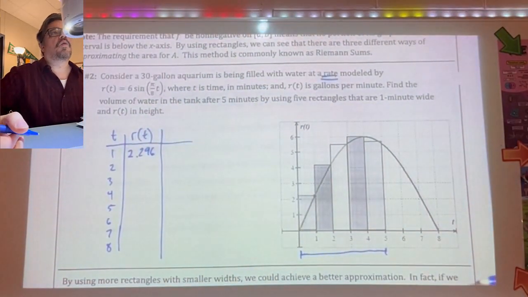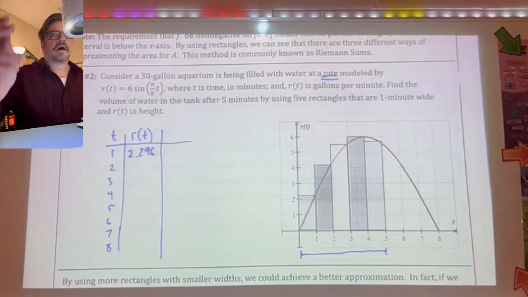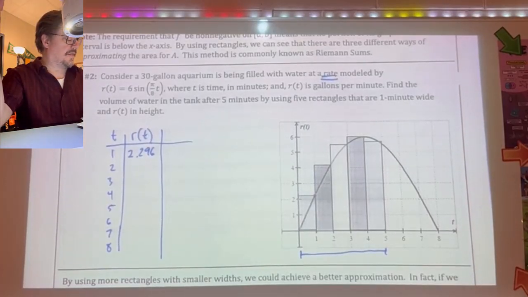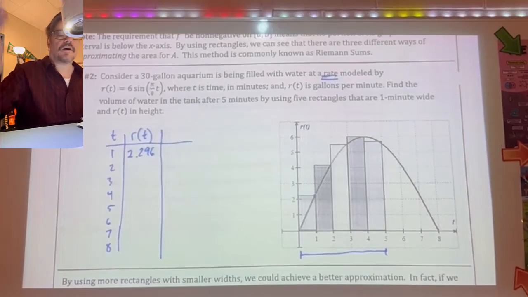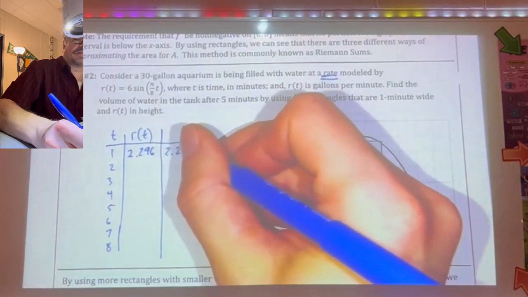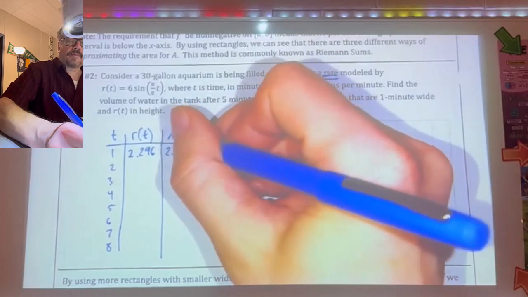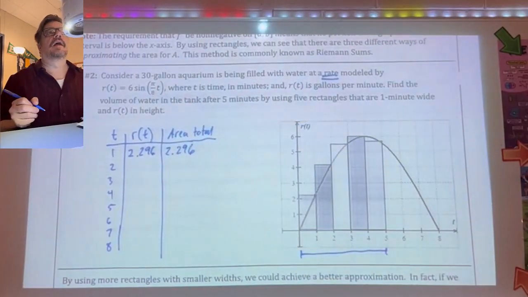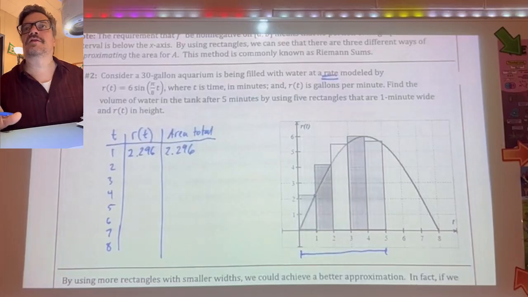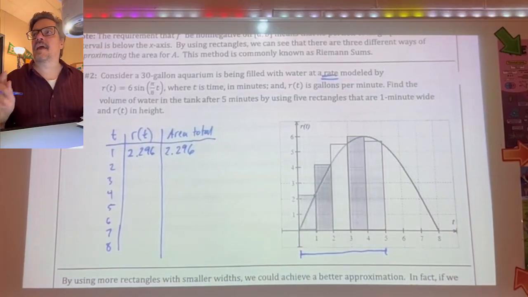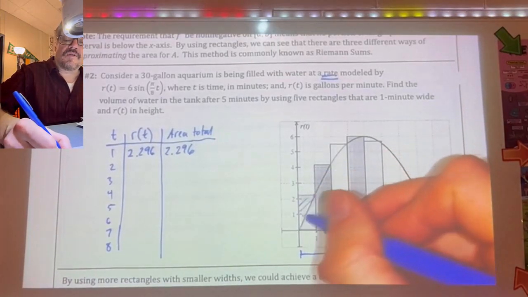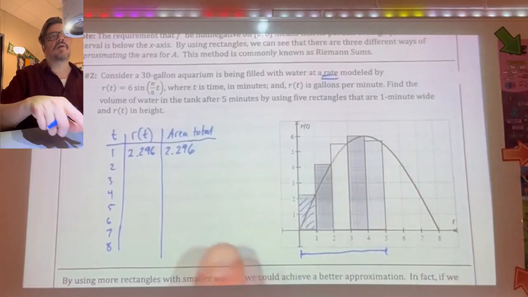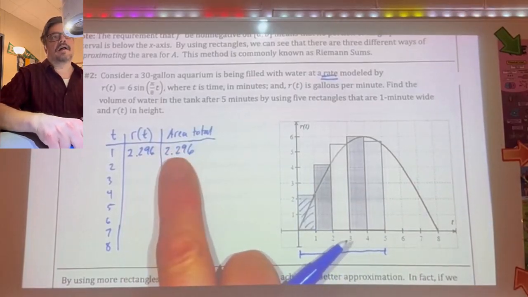All right, so how many gallons were dumped in at that point? 2.296. Okay, area total. Does that make sense so far? I'm finding the area of this little rectangle right here, and that tells me how many gallons are actually dumped.